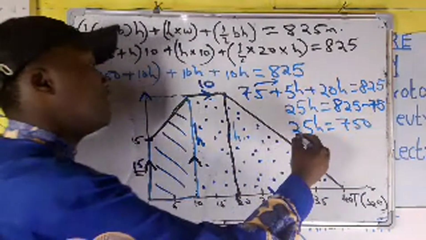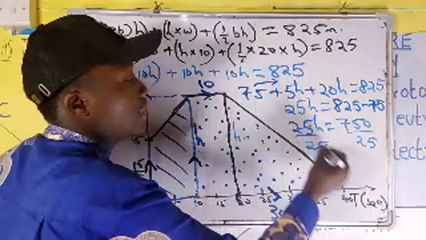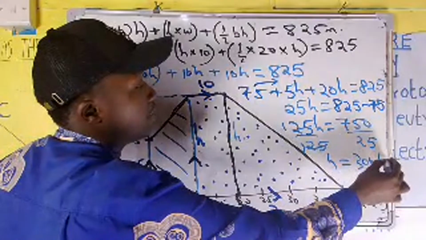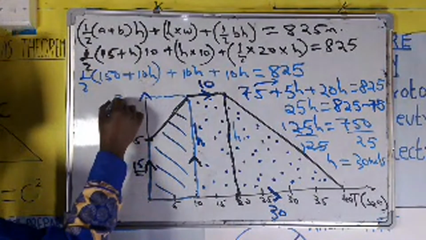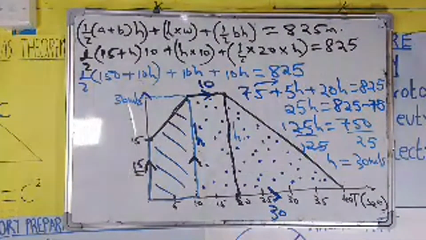And then when we divide both sides by 25, we get our h as 30 meters per second. So that is 30 meters per second. Have we understood?